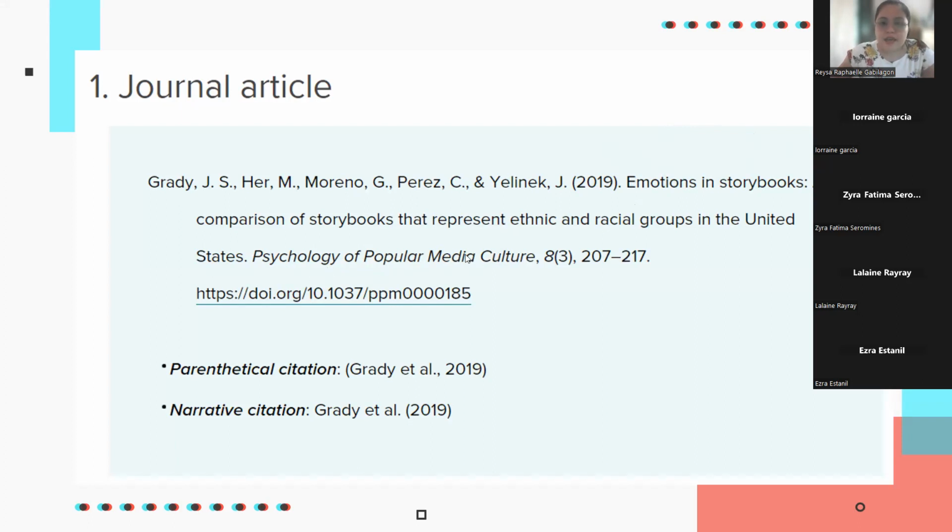This is the name of the journal, followed by the volume number, which is this 8 here. It's only italicized, no period. And then beside the volume number, in open and close parentheses, will be the issue number, followed by the page number.